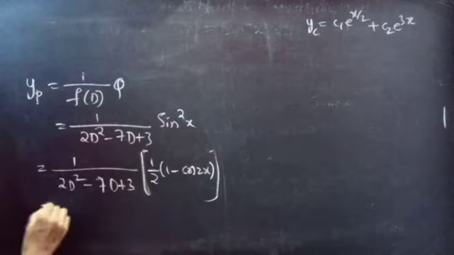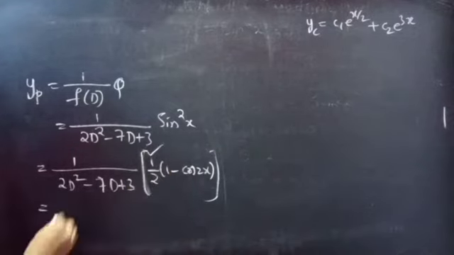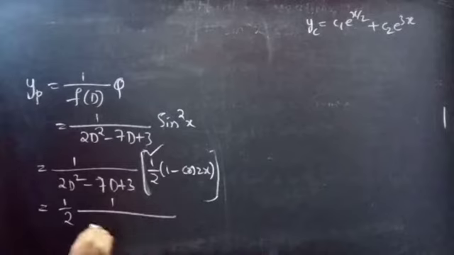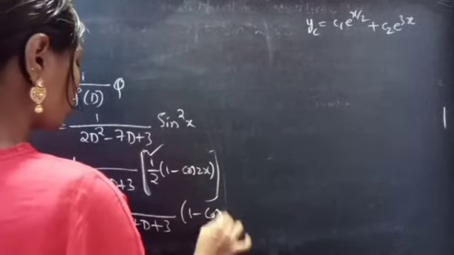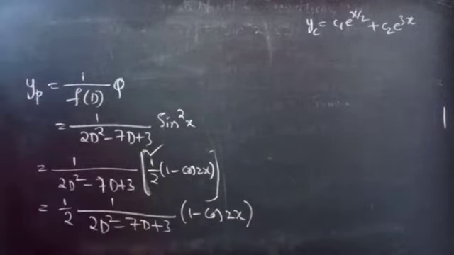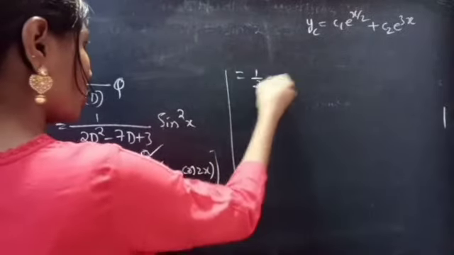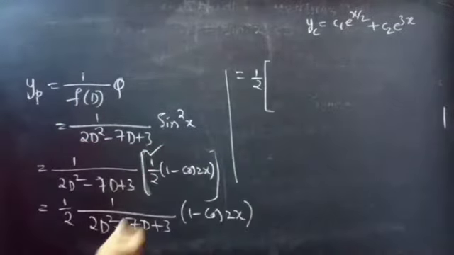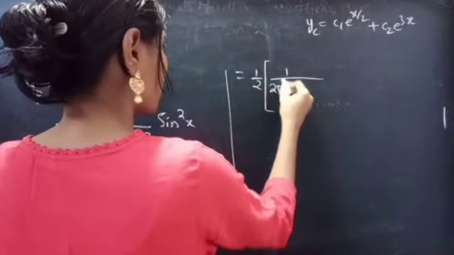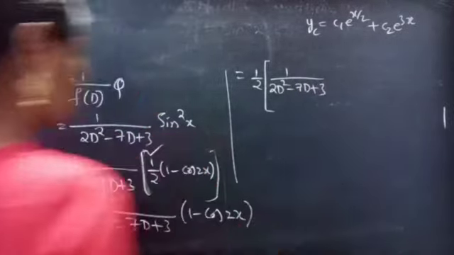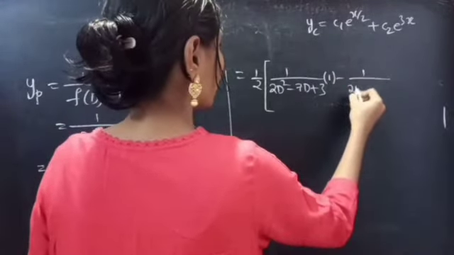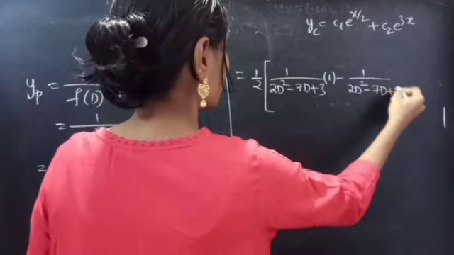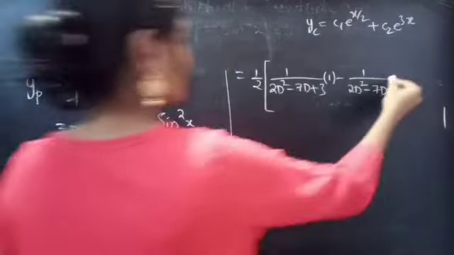Now we can write this as, take the constant 1 by 2 outside, 1 by 2 into 1 by f of D into 1 minus cos 2x. Then yp becomes 1 by 2 into 1 by f of D, 1 by 2D square minus 7D plus 3 into 1 minus 1 by f of D, 2D square minus 7D plus 3 into cos 2x.